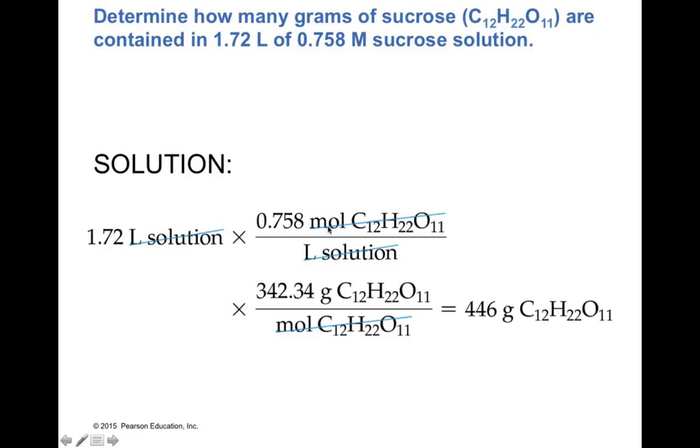So that's why we change here the molarity to the expression of the two units. Okay, because molarity has two units: moles of sucrose and liters of solution. So in that way, we can cancel the liters of solution from here, and now we have the moles. And then by multiplying by the molar mass of sucrose, we can cancel the moles of sucrose, and we will have the mass of the sucrose that we need to add, so we can have a solution of 0.758 molarity of sucrose solution.